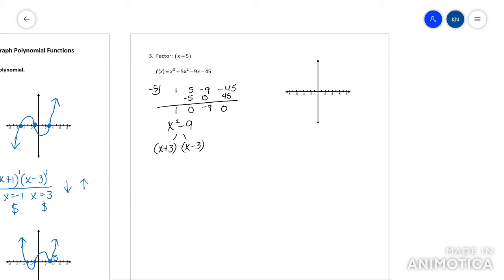So my factored form is x plus 3, x minus 3, and then the original one they gave me, this x plus 5. So I've got x-intercepts at -3, at +3, and at -5, and they're all straight throughs. So I go drop those on the graph.